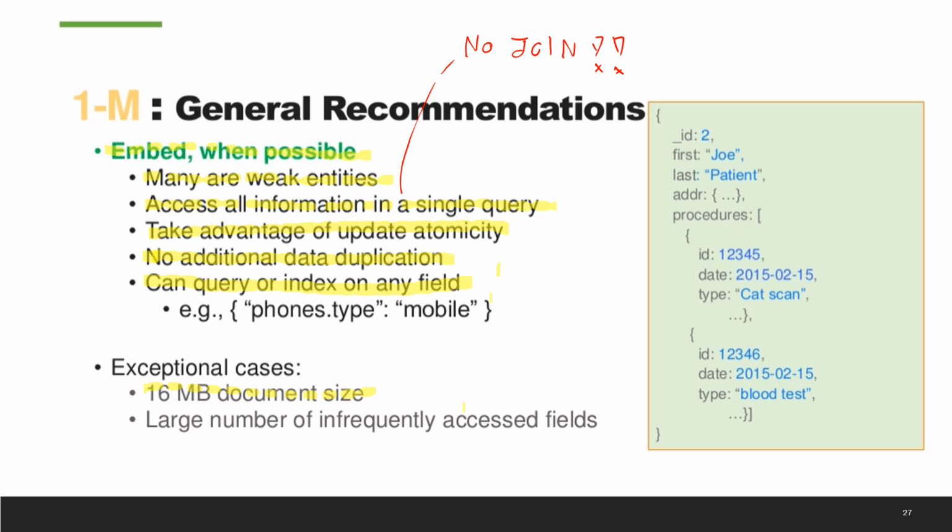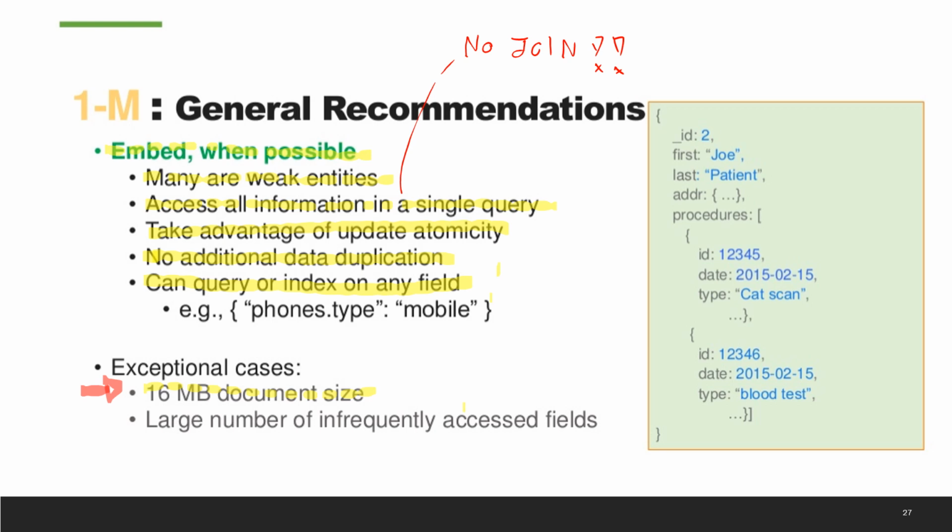That means if your document grows very big because you embed everything inside, then you may reach the maximum size of the document, and in that case you may need to separate your document and make use of referencing instead of embedding. For example, in some stores, the maximum size of a document is 16 megabytes. If you exceed this size limit, you need to really separate your document, okay?